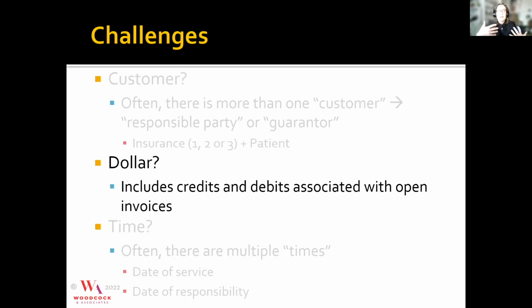It's very, I don't want to say it's simplistic, but when you look at a particular invoice, you can kind of see the dynamics. The problem is the age trial balance, as we'll see in just a few minutes, actually rolls up all of these dollars. And so credits obviously offset debits because one is a negative number on the age trial balance and the other is a positive number.